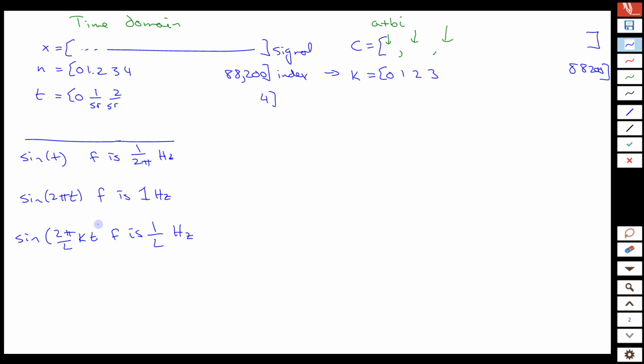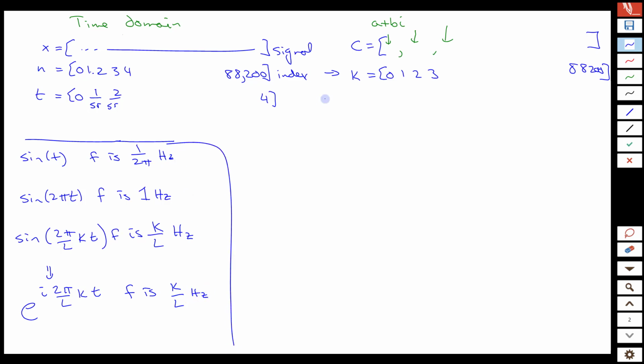Kt, and so if we have another k in there, it's going to be k over L hertz. And that's the same for our e to the i 2 pi over L times k times t, and these exponentials have exactly the same frequency because of Euler's formula breaking this down into that same sine function. So that has a frequency of k over L hertz.